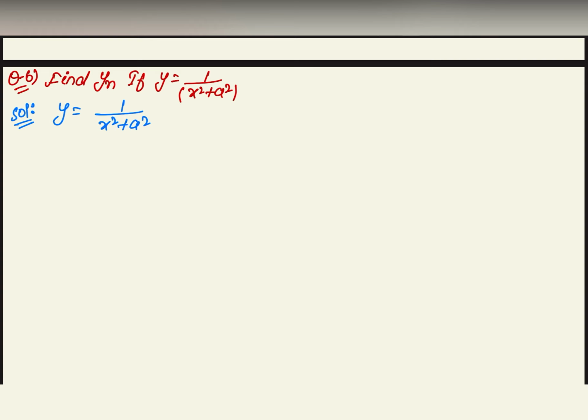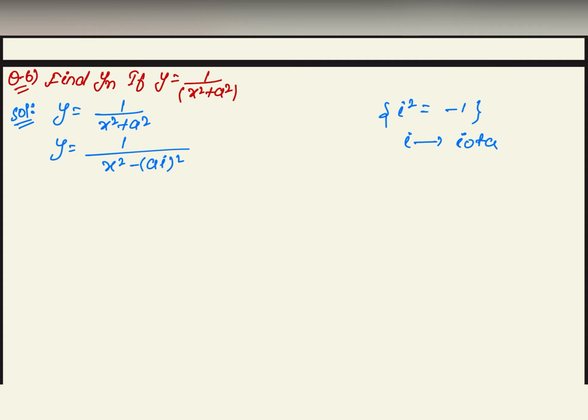So let y is equal to 1 by x square plus a square. So y can be written as 1 by x square minus a to the power i square. As we know that i square is equal to minus 1. It is called iota.